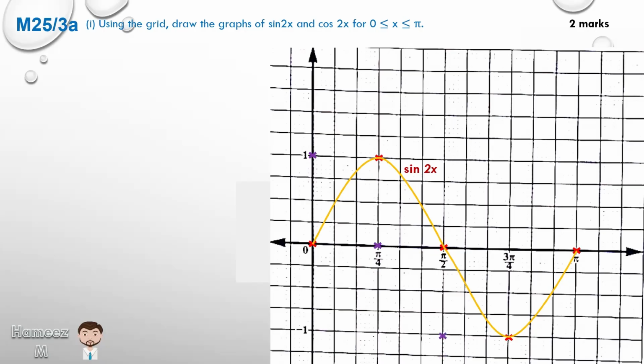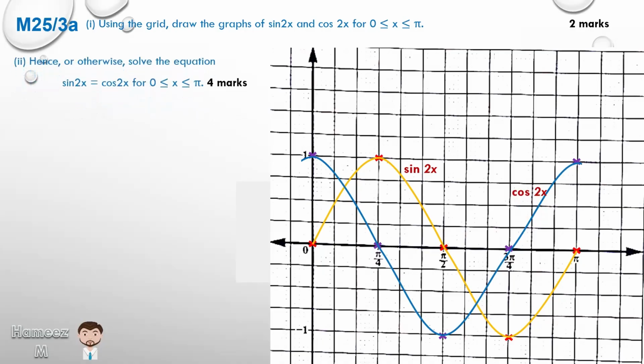When x is 3π/4, and we multiply by 2, we get 3π/2. Cos of 3π/2 is 0. And finally, when x is π, cos of 2π is the same as cos of 0, which is 1. So we can connect it, and we have sin 2x and cos 2x. So we drew the graphs.